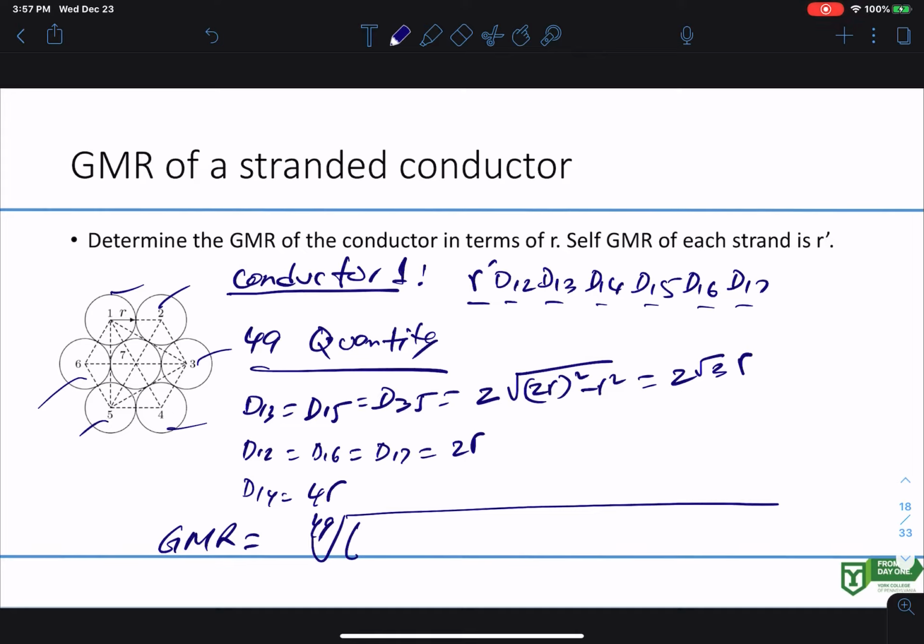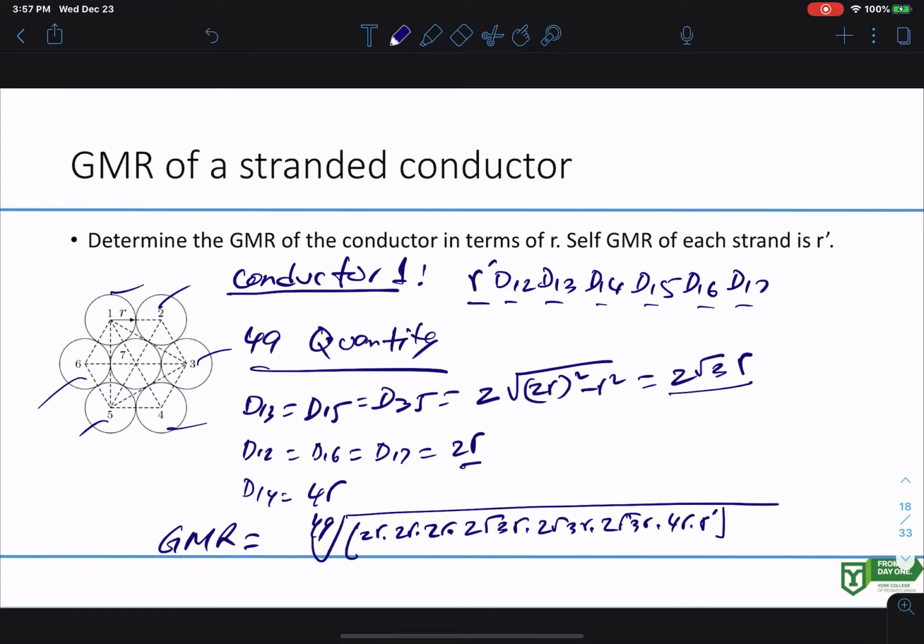So that would be 2r, one distance from here. And then I have another 2r, 3 of them here. Then I have 2 times square root of 3r, 2 times square root of 3r, 2 times square root of 3r. Then I have one more, d14, which is 4r. Then I have the self one, which is r prime.